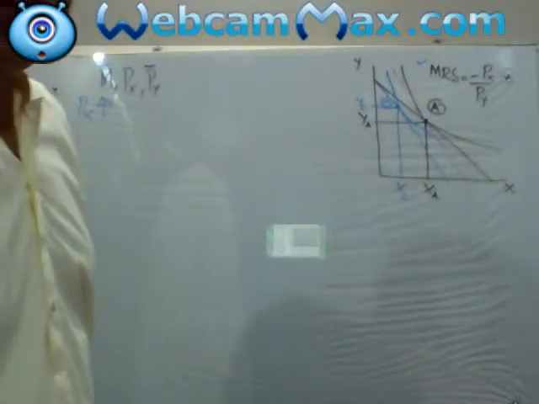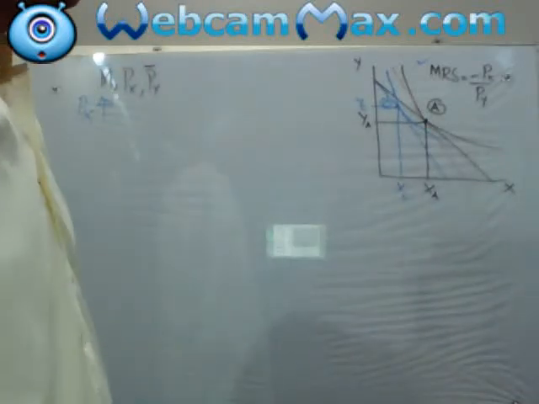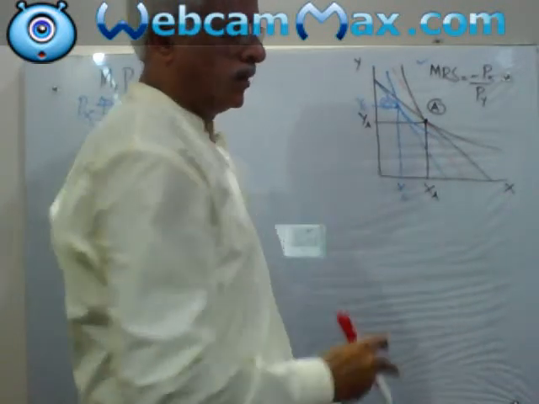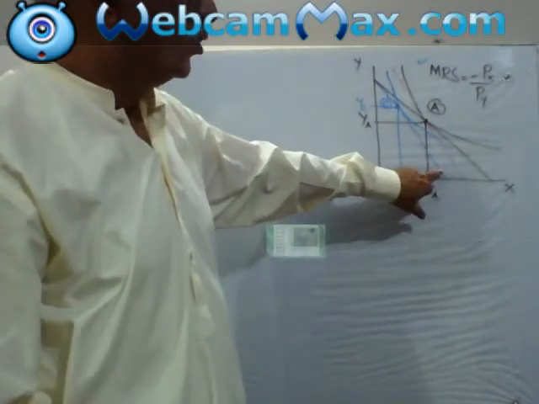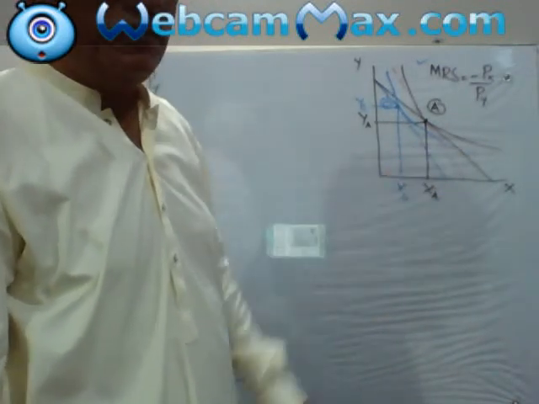So this red line is parallel to the blue line, meaning the price ratio is the same. The blue line slope and the red line slope are the same.